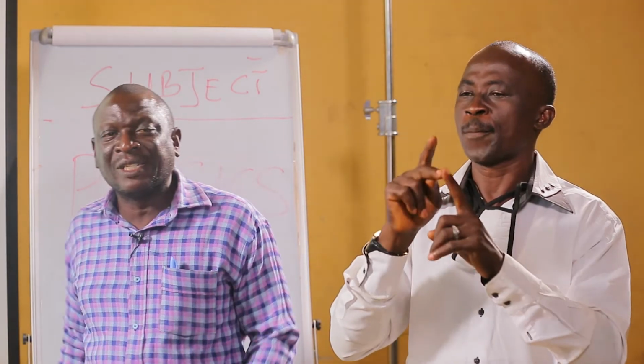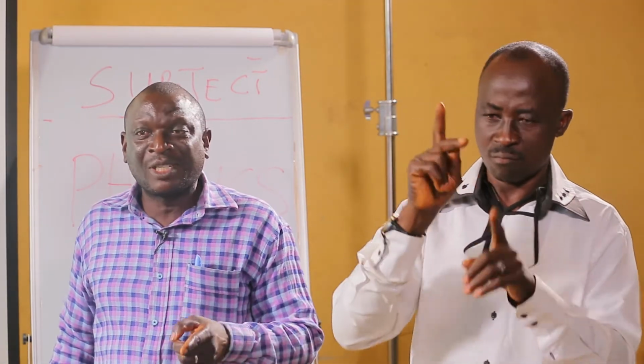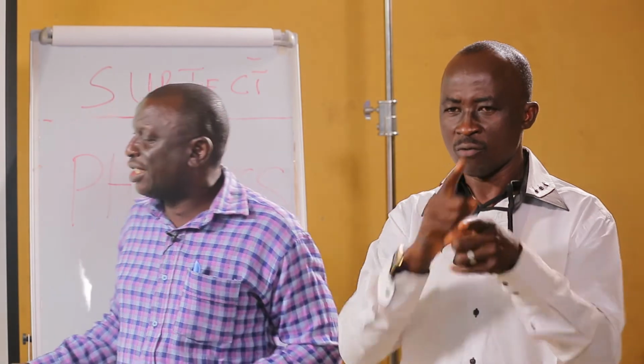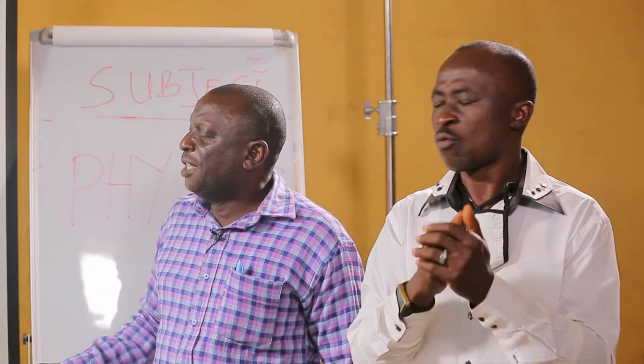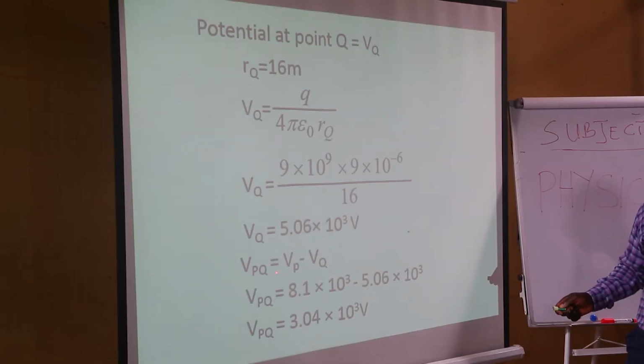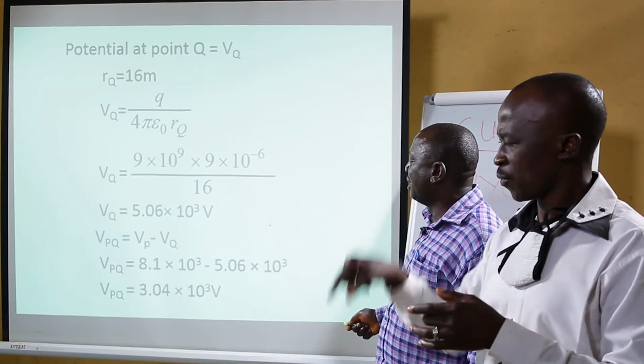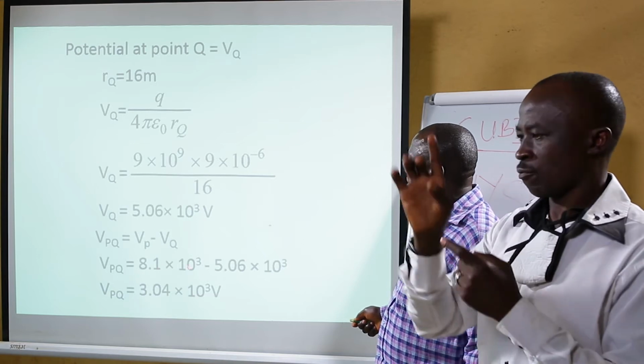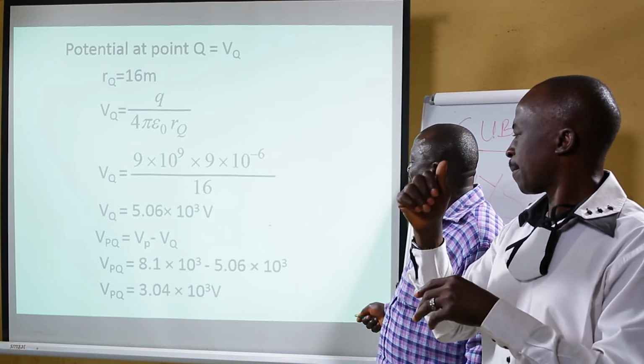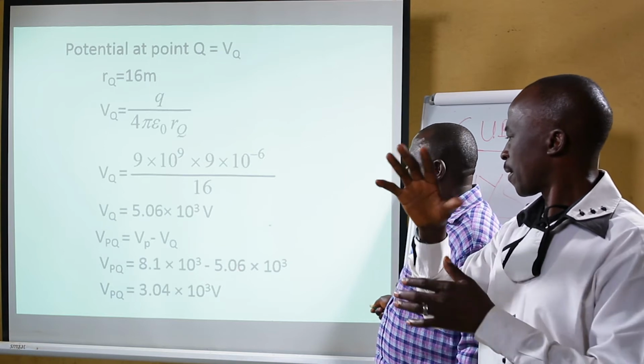Now we have 2 points. We will need to take the resultant to get our total potential. So V subscript PQ, that is the potential difference between point P and point Q, is equals to Vp minus VQ. So Vpq will be equals to 8.1 times 10 to power 3 minus 5.06 times 10 to power 3.